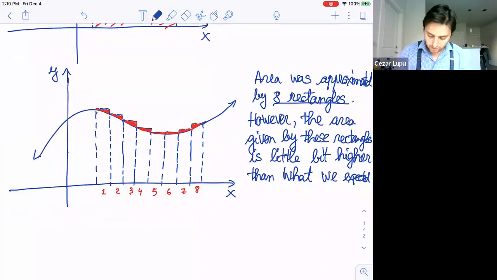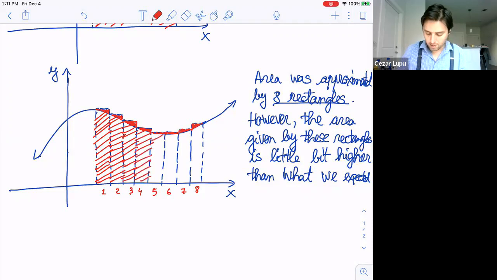Now I'm going to deal with the area of these rectangles, and the same will go here as well. We keep going.